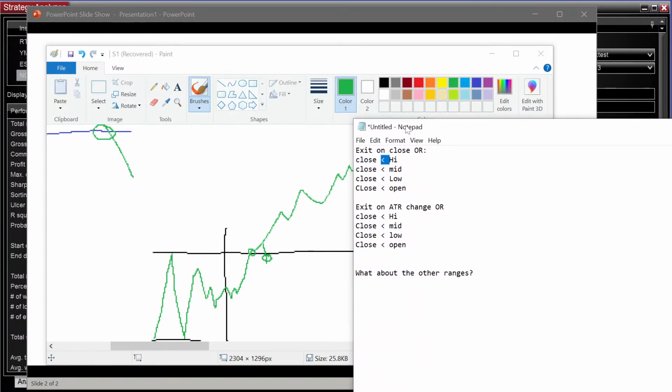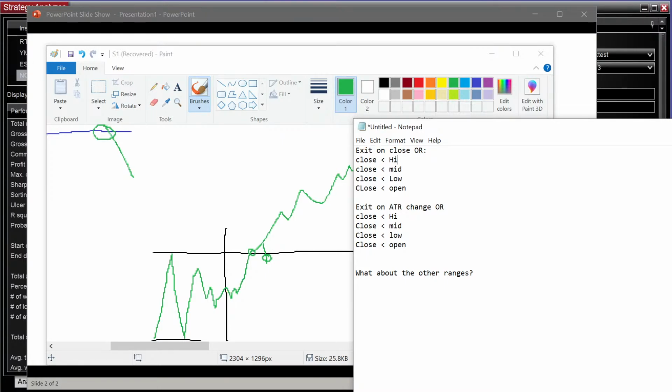So essentially, if we exit for a loss, it will only be if we close beneath the high of the opening range. That's going to be our exit for a loss. And we're hoping that if we hold it until the close, that's going to extract the most amount of profit. Okay? And that's the part we need to understand about why we're testing this variation.